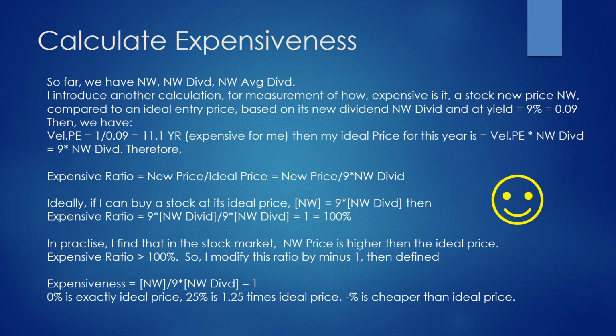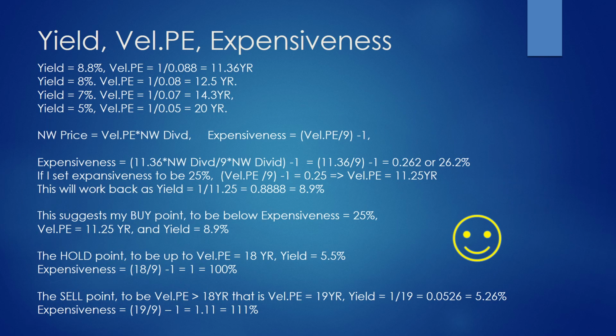0% is exactly ideal price. 25% is 1.25 times ideal price. Negative percent is cheaper than ideal price. Expensiveness. Yield equal to 8.8%, then velocity PE equal to 1 over 0.088 equal to 11.36 year.